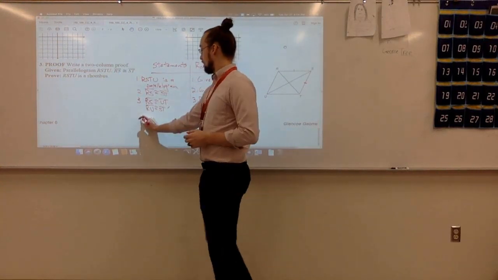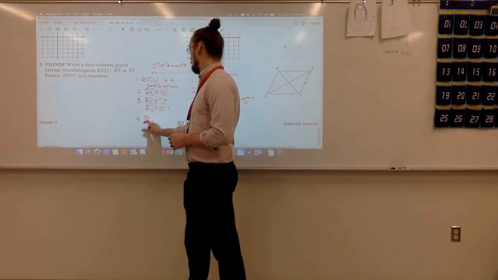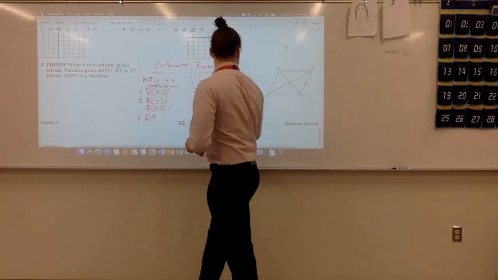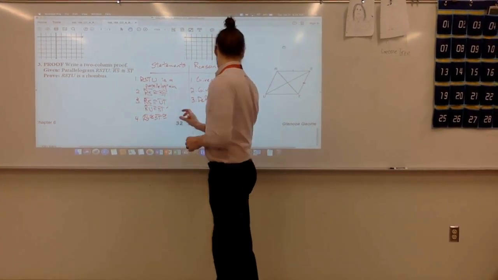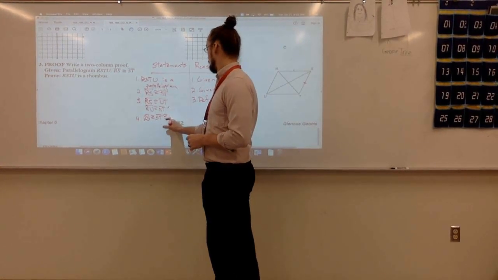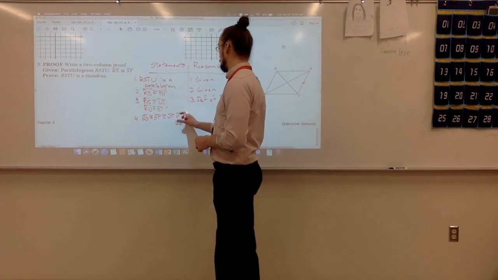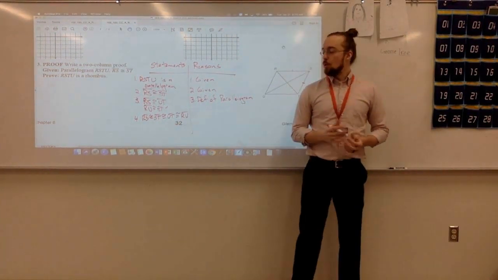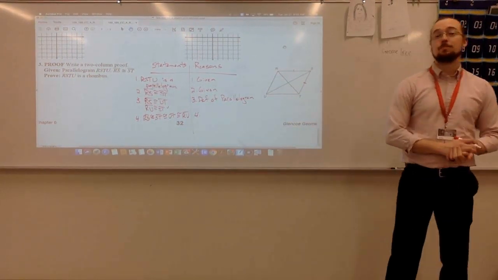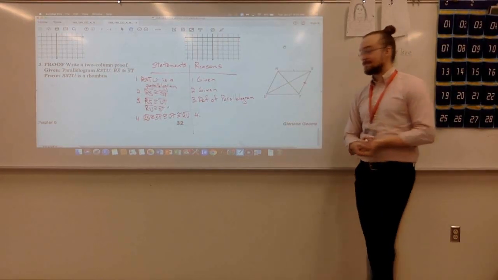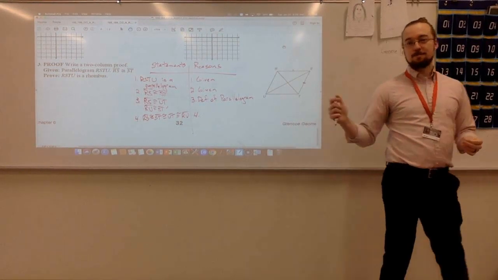Can I just jump right into saying that RS is congruent to ST is congruent to UT? We have to have a legit reason.